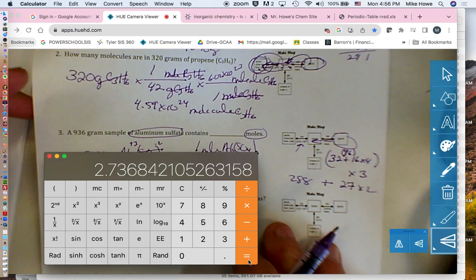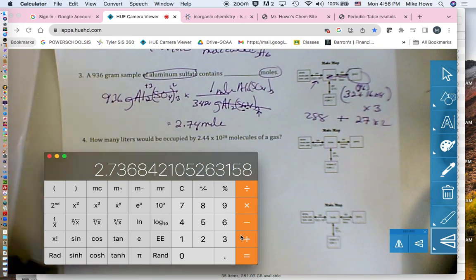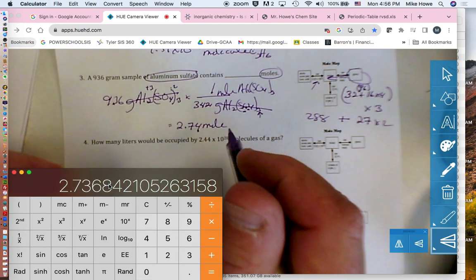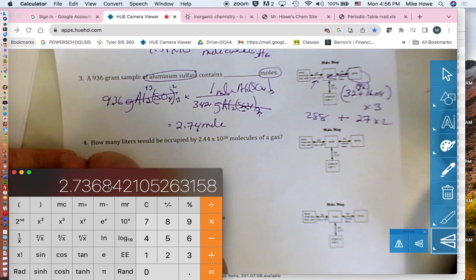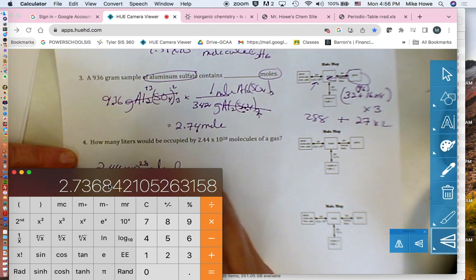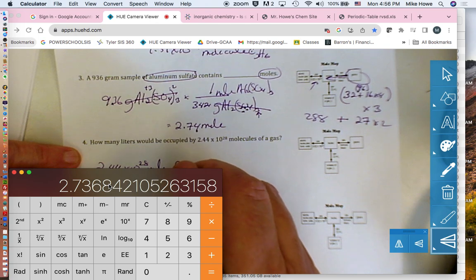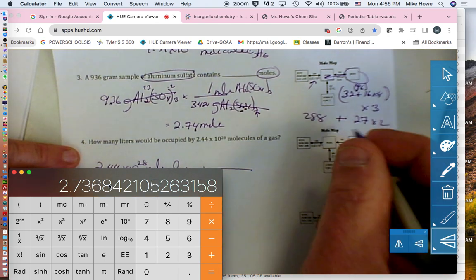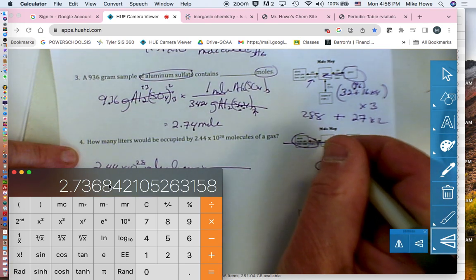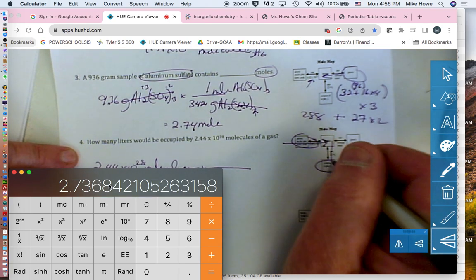Okay, number 4. How many liters are in this many molecules? So it's 2.44 times 10 to the 28th on this test. And it doesn't say what the gas is, so I just put of gas. So molecules are here. We want to get to liters down here. So you're going to go over and then down. 2 steps.